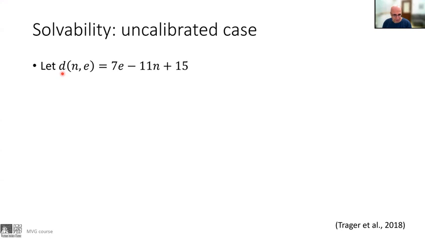Given a graph, we need to find a subset of the edges whose size is 7 times the number of edges minus 11 times the number of nodes plus 15.